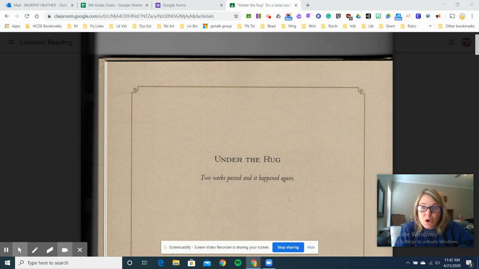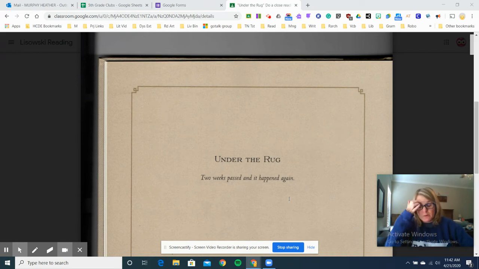And the big plot is that he decides to sweep this little dust mite under the rug, and it turns out that this dust mite grows and becomes this big dust demon. And he doesn't follow grandma's advice. So that's really the gist of the story. That's what I'm looking for.